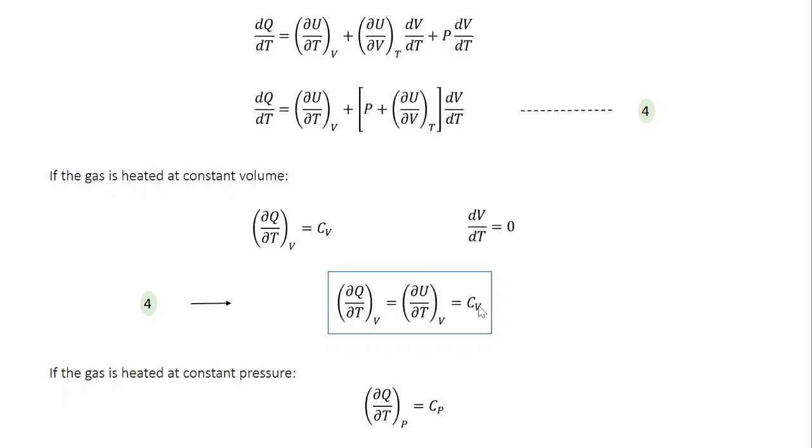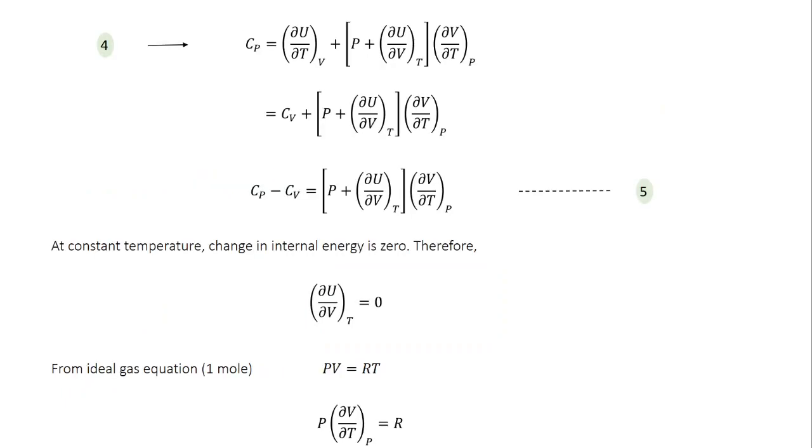Now consider the case of constant pressure. If you are supplying heat energy at constant pressure, then the left hand side becomes ∂Q/∂T at constant pressure, which is nothing but Cp. Now equation 4 gets modified as Cp equal to ∂U/∂T at constant volume plus P plus ∂U/∂V at constant temperature, into ∂V/∂T at constant pressure.